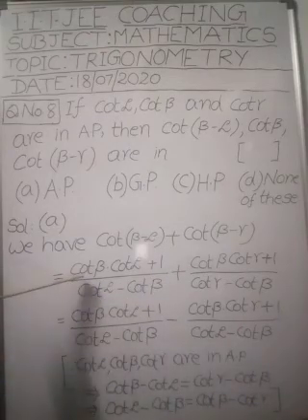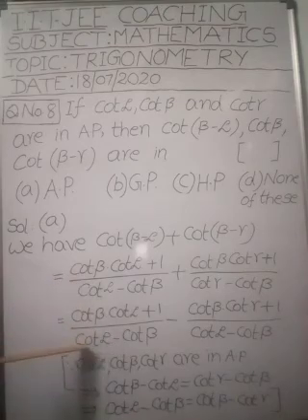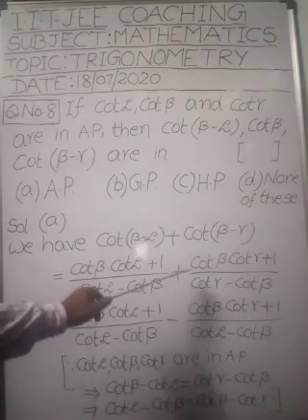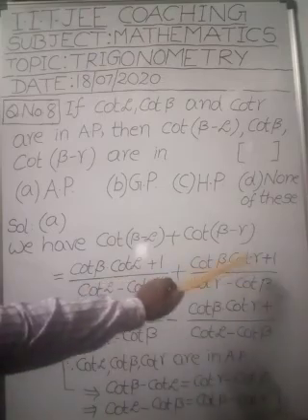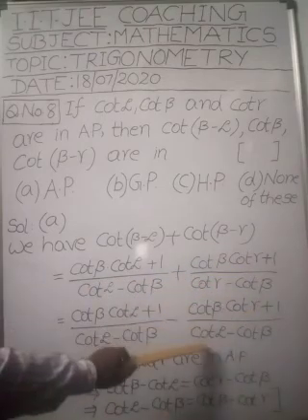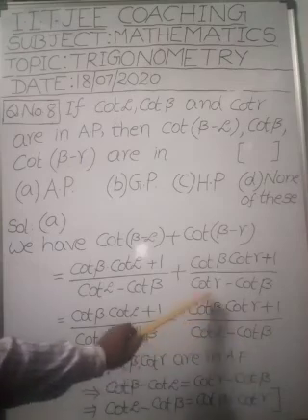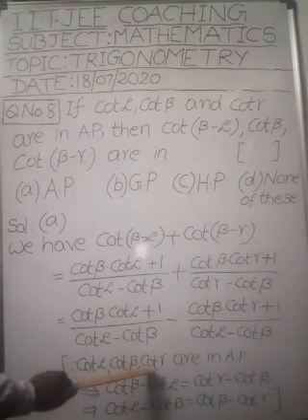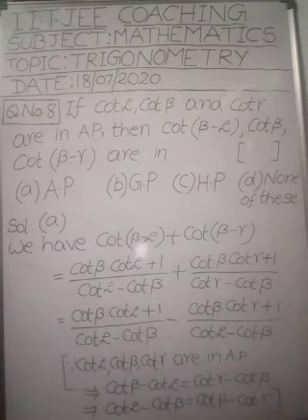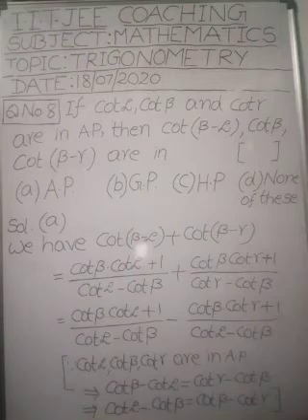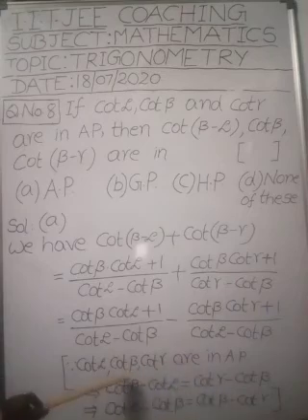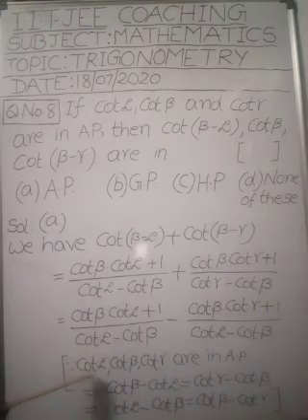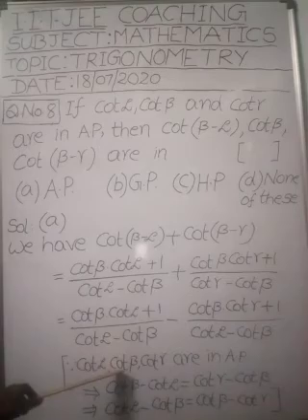Right. Now, I am writing this first term as it is, minus, here (cot beta cot gamma plus 1) by (cot alpha minus cot beta), because here cot alpha, cot beta, cot gamma are in AP. If any three terms A, B, C are in AP, then B minus A is equal to C minus B, second term minus first term equals third term minus second term.